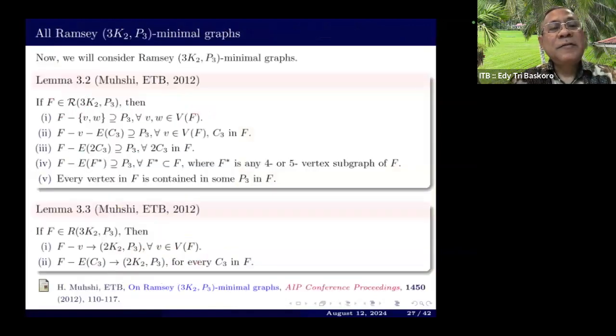Now consider if H is a P3, then we have the following necessary condition by Mushi and myself in 2012. And furthermore, if F is a Ramsey minimal graph of 3K2, P3, then F minus any vertex implies 2K2, P3. And the second one, F minus the edges of a triangle implies 2K2, P3.